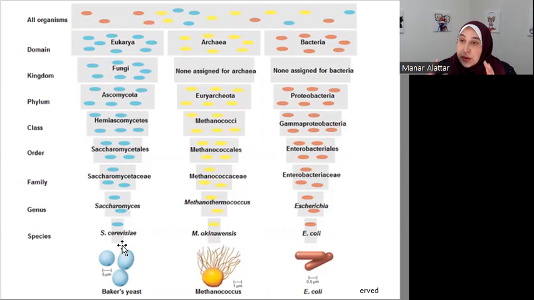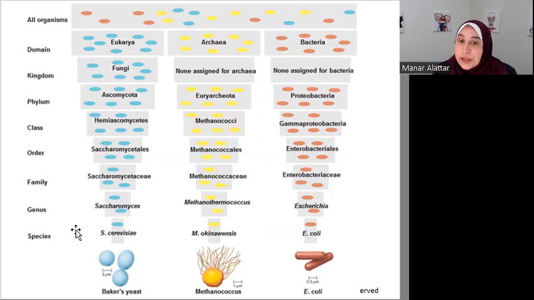When we get to the genus and species, we're looking at one species of organisms that's similar enough that it can reproduce successfully within it, and we can identify that species based on the genus and species names.